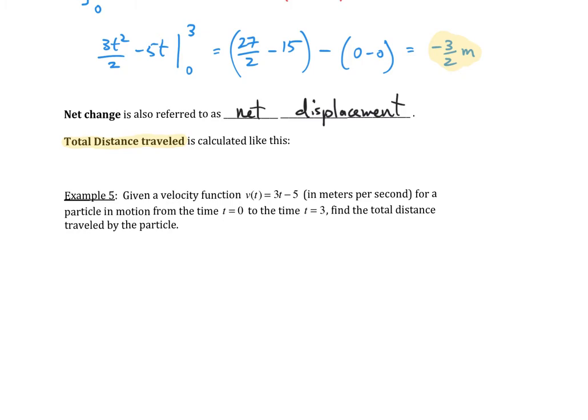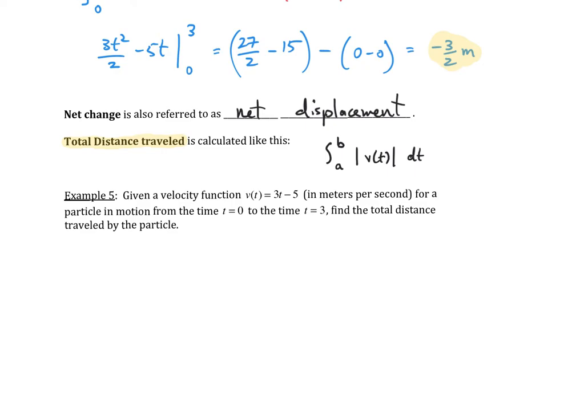The total distance traveled is going to be the integral from a to b of the absolute value of the velocity function with respect to t. When we saw it in the past, we looked at it in terms of area. In other words, net change was the net area and total distance traveled was the total area.